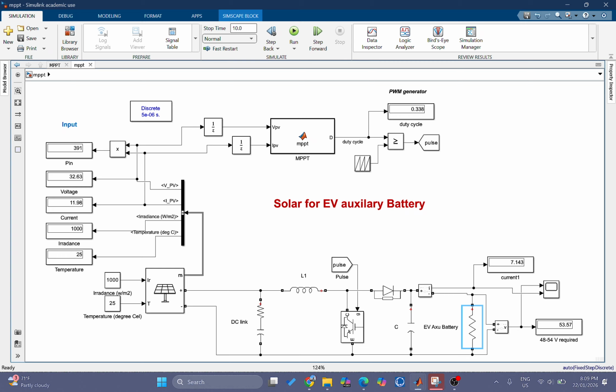Why is this model realistic? Our model represents a realistic solar assisted EV auxiliary power system. It demonstrates how renewable energy, power electronics and the control algorithm can work together in a modern electric vehicle.